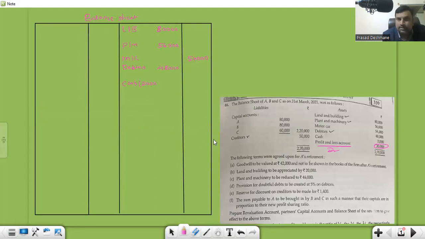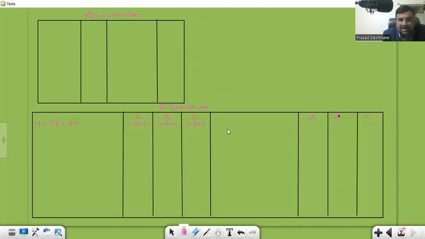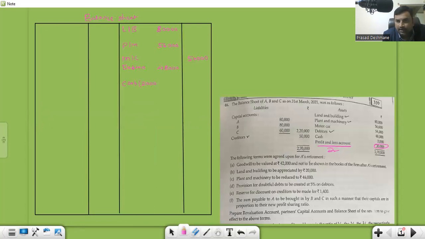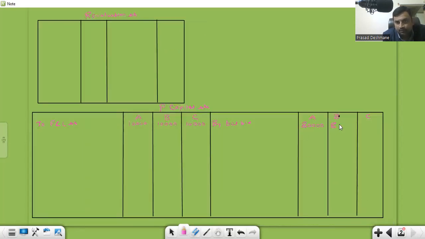Now the liability side. These are the capital balances, 80, 80, 60, that I'll record in the capital accounts as balance brought down. A is 80, B also 80 and C is 60.